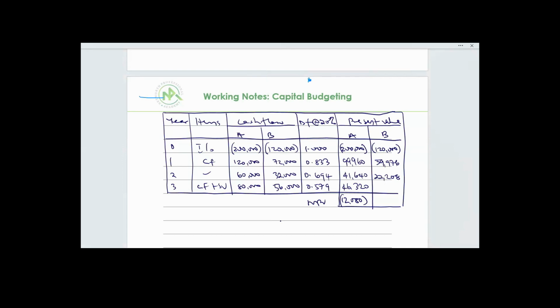The last one, 56,000 multiplied by 0.579 equal 32,424.